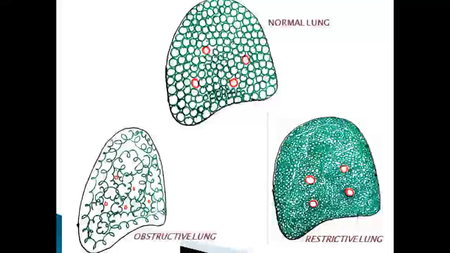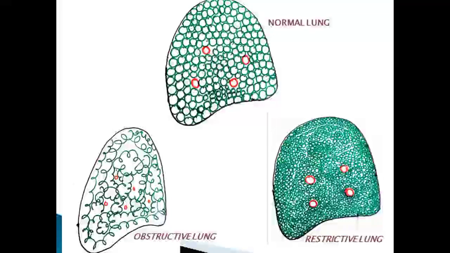Okay. Then if we see the TLC, that is total lung capacity. What we had told, what is total lung capacity? Maximum amount of air a lung can accommodate after maximum inspiration. So clearly we had seen that in restrictive, parenchyma is becoming very dense, becoming fibrosed, becoming stiff.